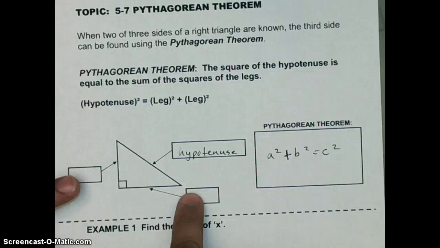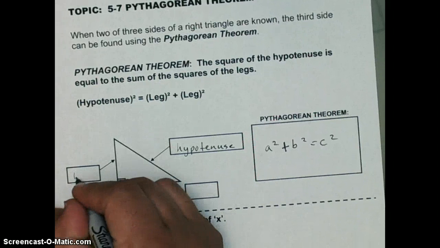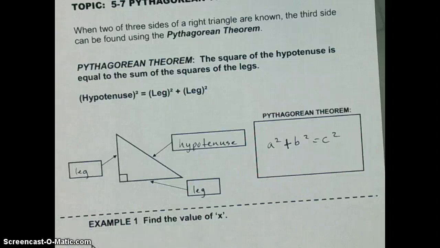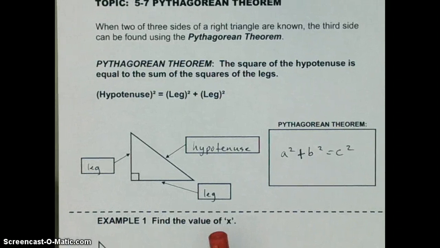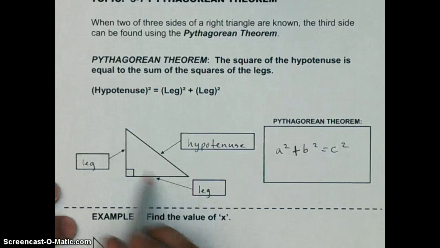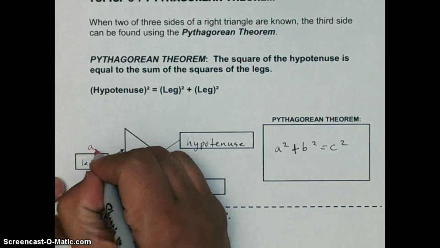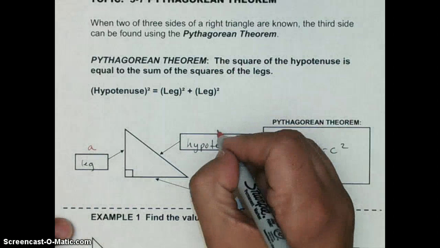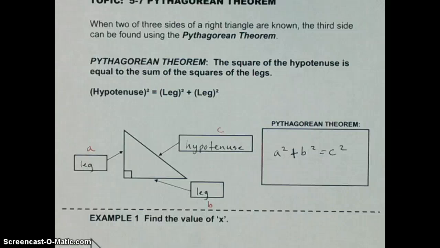And then these two are the legs. It doesn't matter, either one of these could be the A, so I'm just going to let this be my A, say that one be B, and my hypotenuse is always C.